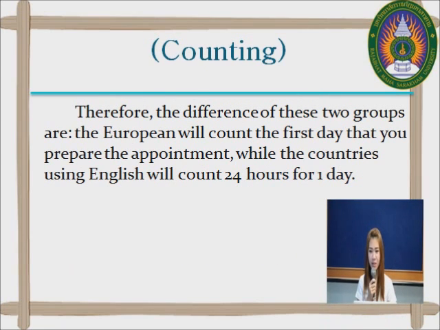Therefore, the difference between these two groups is that Europeans will count the first day, the day you make the appointment, while the country using English will count 24 hours as 1 day, as you can see in the table below.